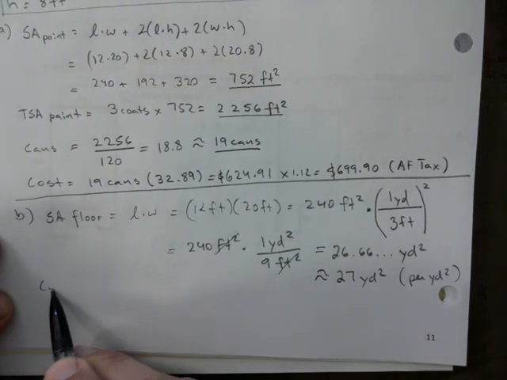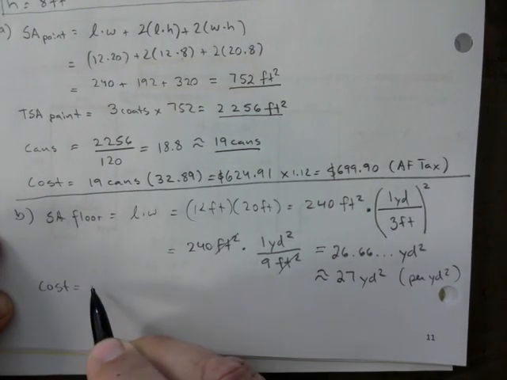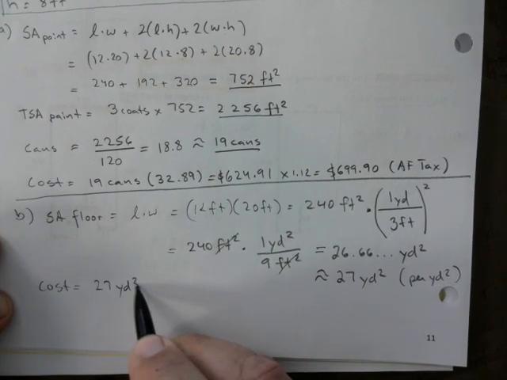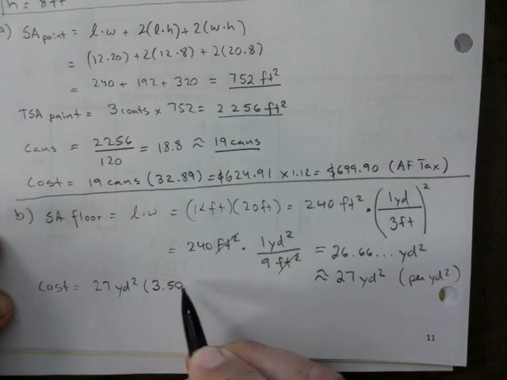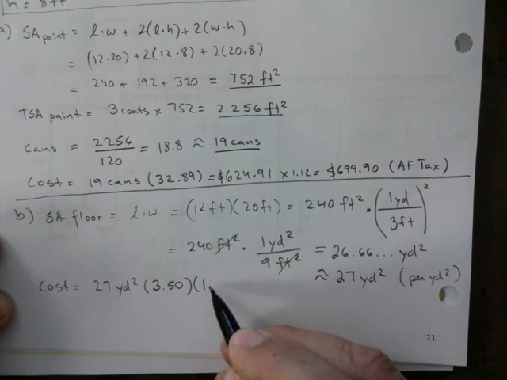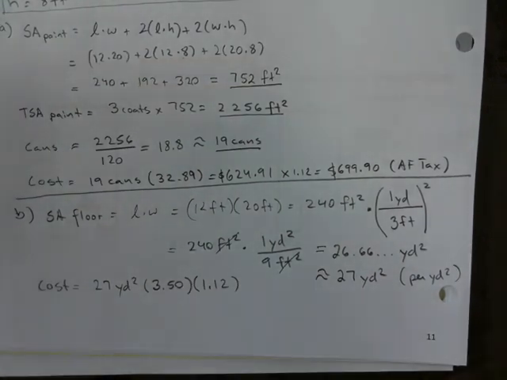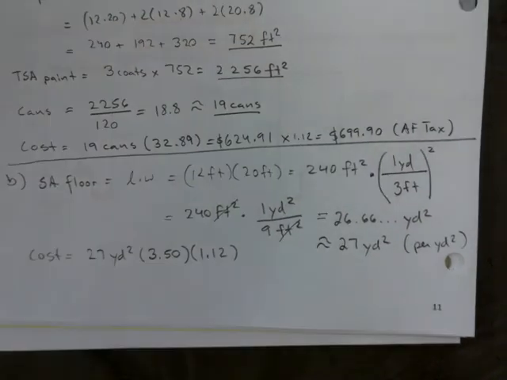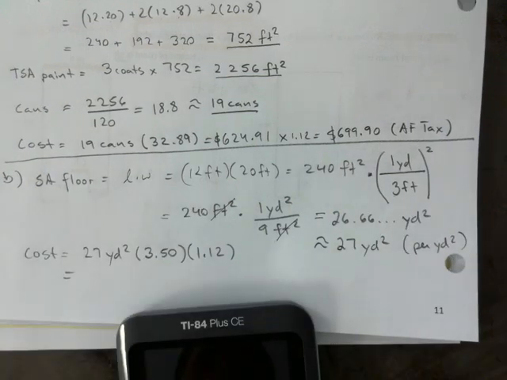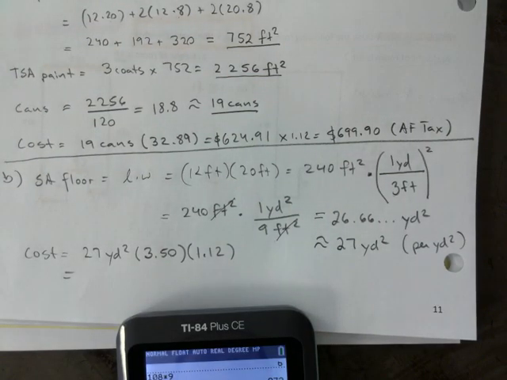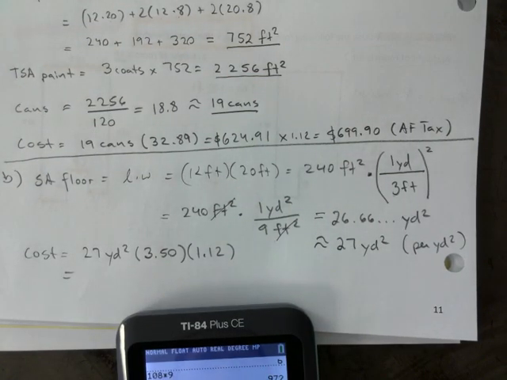And now let's figure out the cost. That'd be 27 square yards times 350. You know what? Let's just go times 1.12 right away. You can do that. So here's the final answer. 27 times 350 times 1.12.